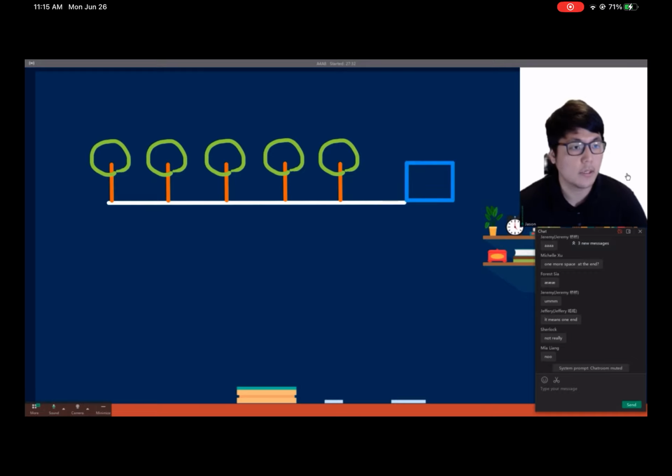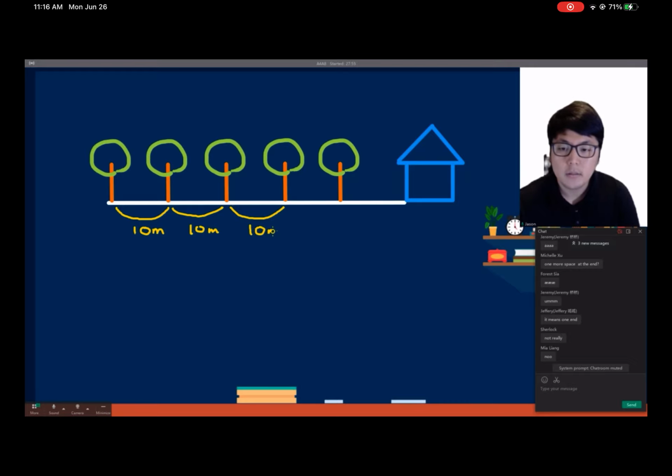Okay, blue house. Now, if each space were, let's do an easy one, 10 meters, 10, 10, 10, and 10.